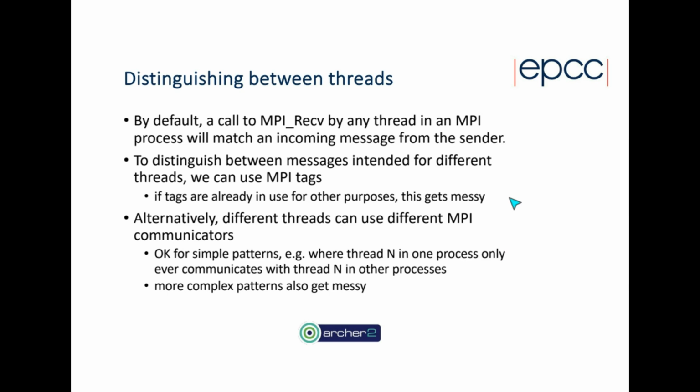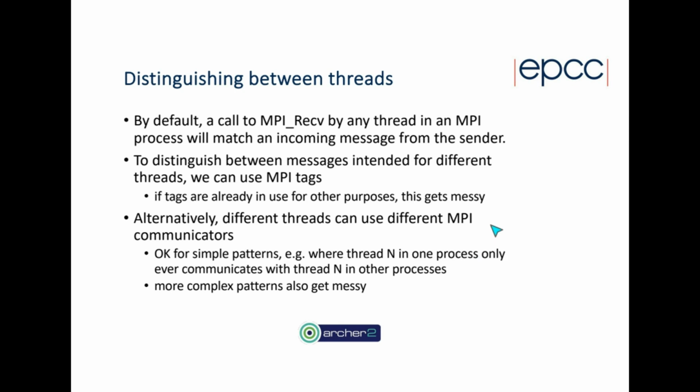So if you're already using that for other purposes, that gets messy. You start having to encode the tag that you already had and the thread ID back into one integer, and take care that the values never overlap and you don't run out of tag fields, which some MPI implementations don't really have quite as many of as you might think available. So it can be a bit messy. Make sure that it all works.